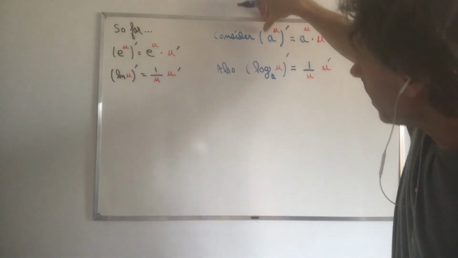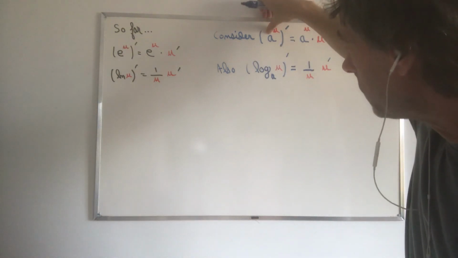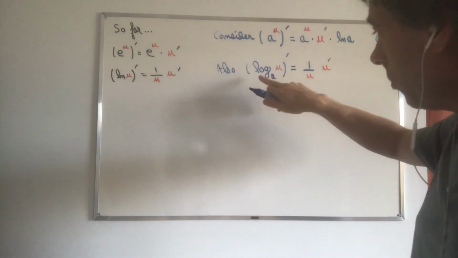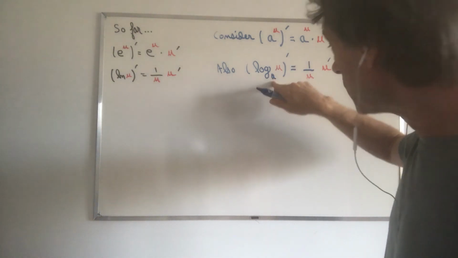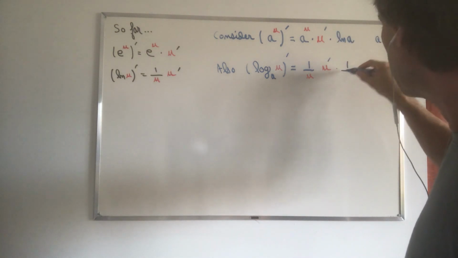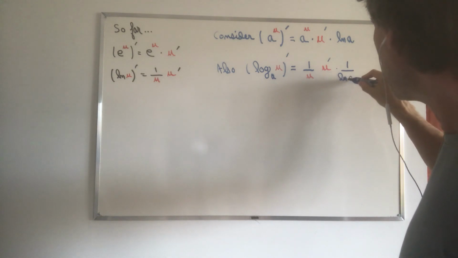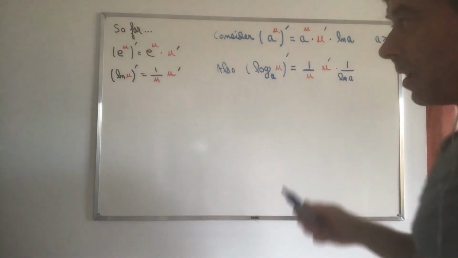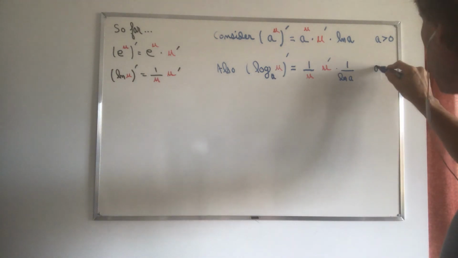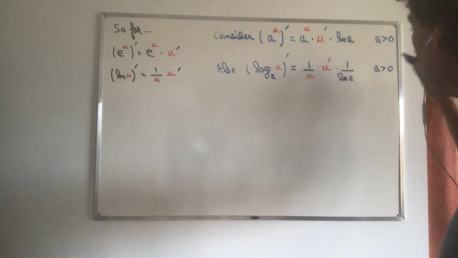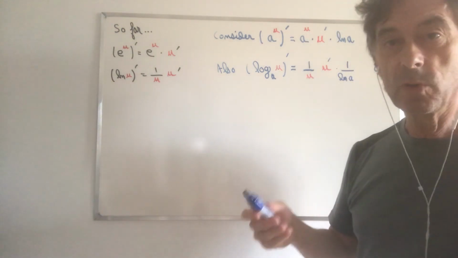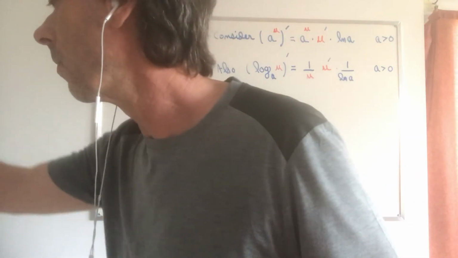And just like this one, which has an a instead of an e, has an ln a, well, the log, instead of a base e, has a base a, it's going to require an extra little particle, which is going to be not ln a, but 1 over ln a. Again, I'm not going to go into the details on how this is obtained. It's not essential at this stage of the game, but I want to see if I can put them to good use in an example.